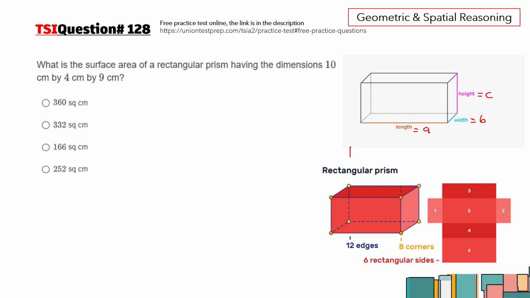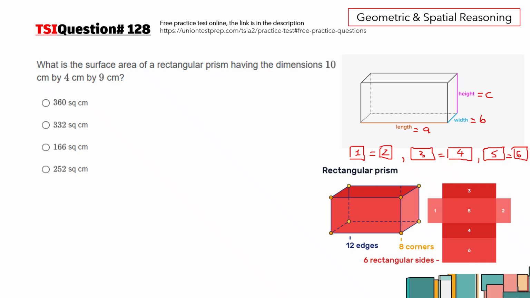So the area of 1 equals the area of 2, the area of 3 equals the area of 4, and the area of 5 equals the area of 6. You see the labels 1, 2, 3, 4, 5, 6. That is 6 sides.